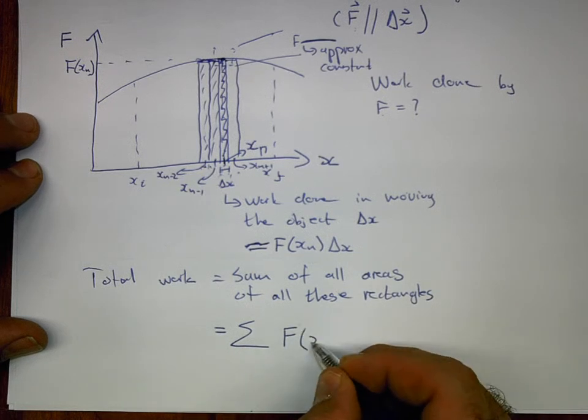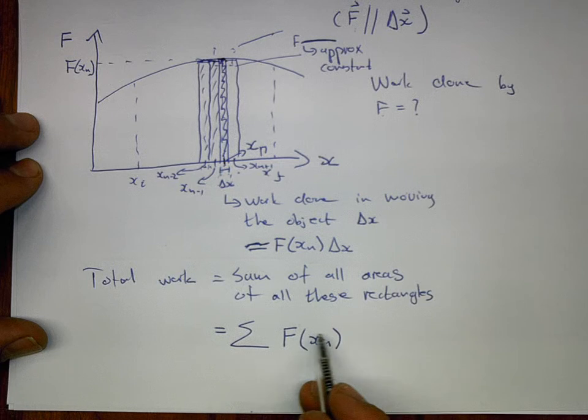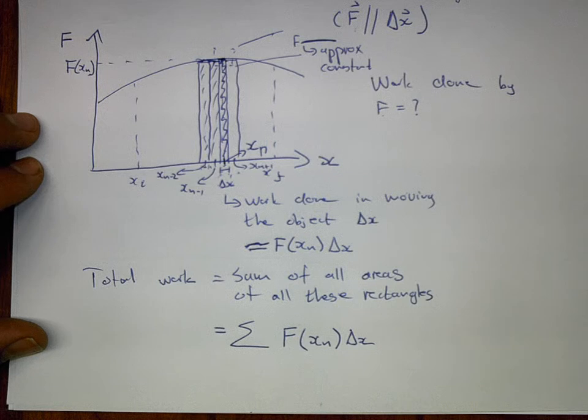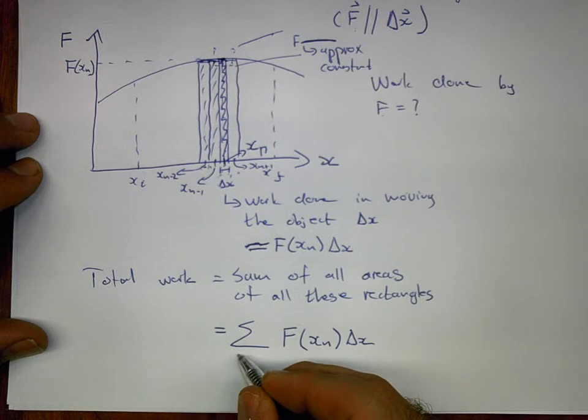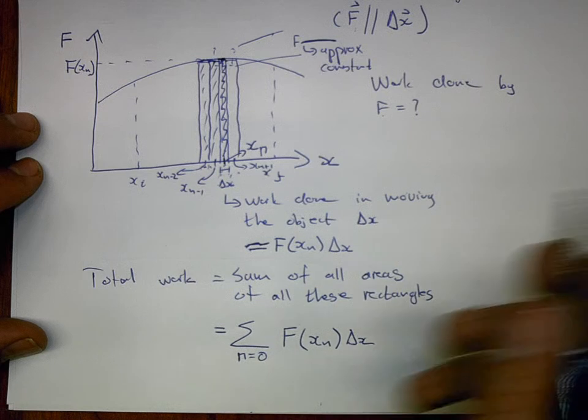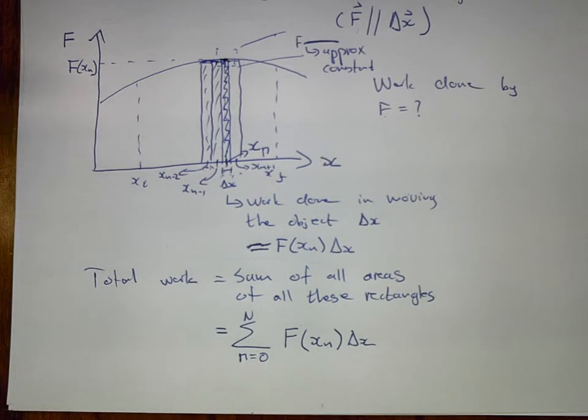That's going to be equal to, each rectangle has got an area which is the force at a certain position times the magnitude of that interval, and that little index goes from 0 to, say, however many little rectangles we had. So what we're saying is we can get the total work done by adding up all these tiny little areas.